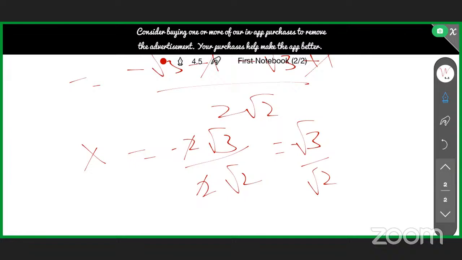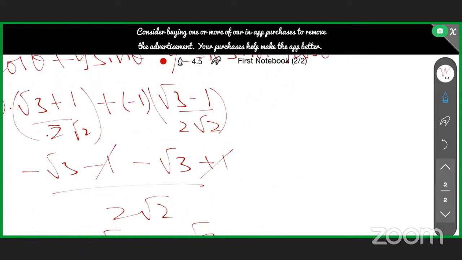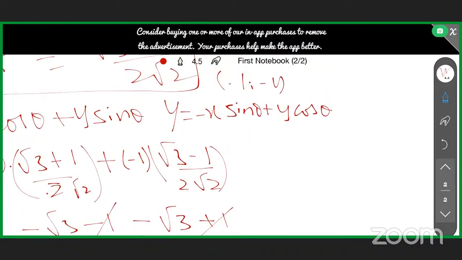The y value, I have written the formula somewhere here. Okay, y is equal to x value, again minus 1, minus into 1 sin theta, root 3 plus minus 1 by 2 root 2, plus 1 by 2 root 2, minus 1 root 2.